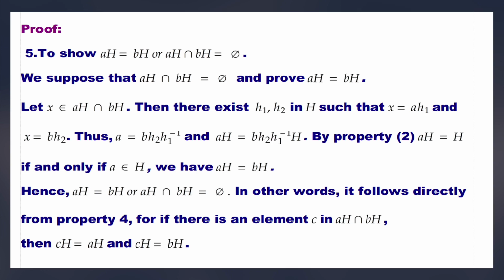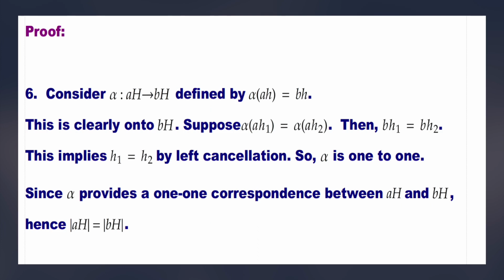For if there is an element c in aH ∩ bH, then cH = aH and cH = bH.